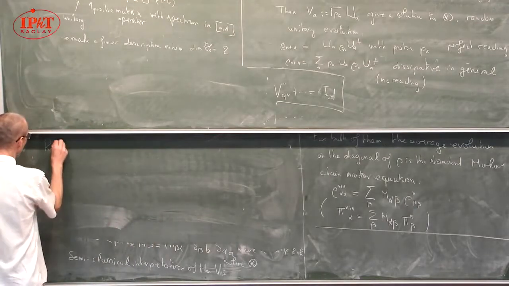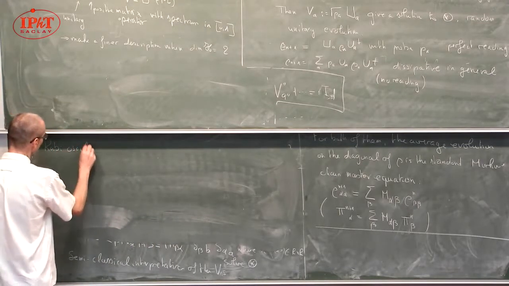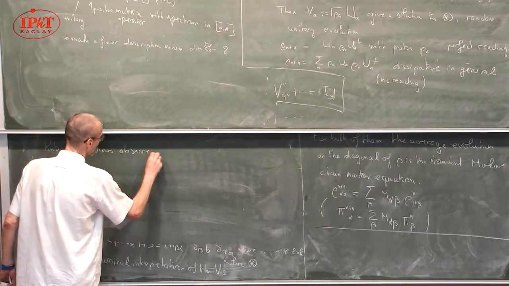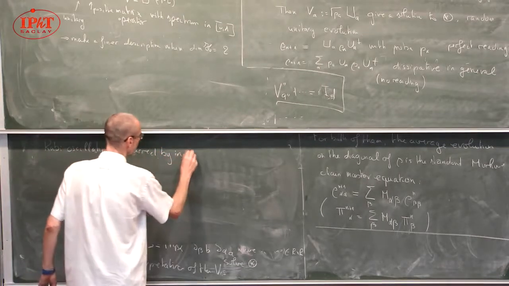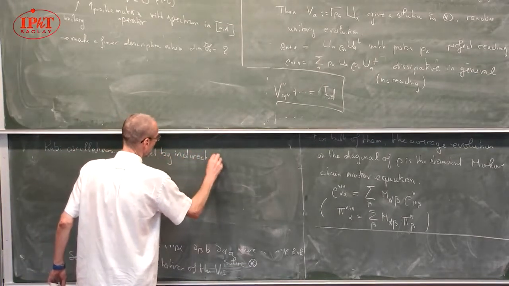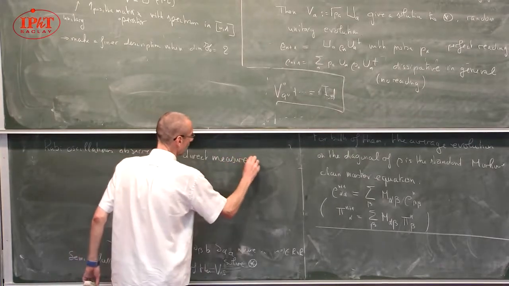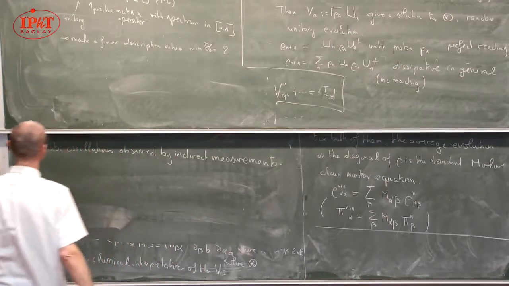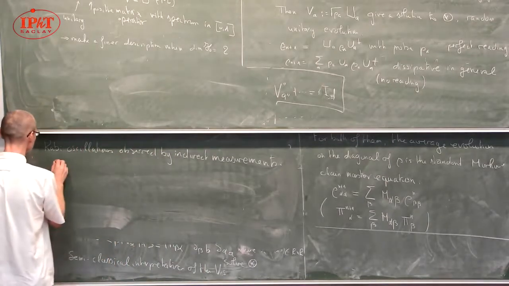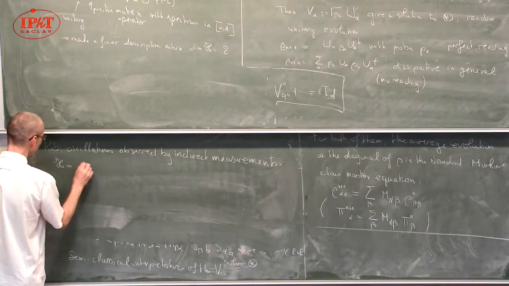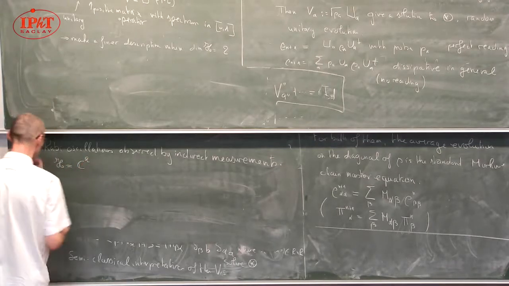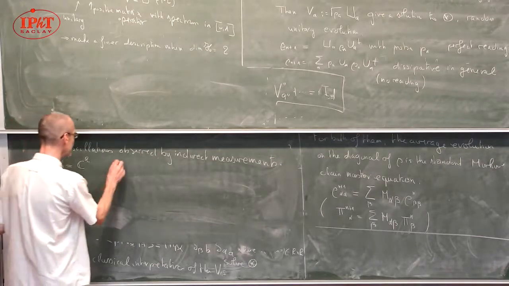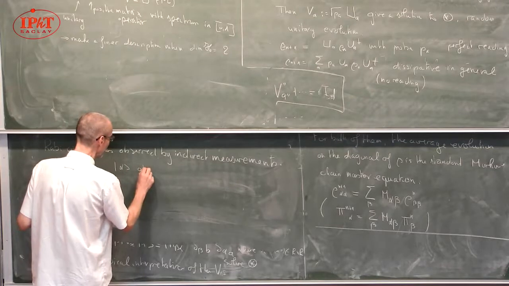Which is Rabi oscillations observed by indirect measurements. So what is it? What we do is we take simply h to be equal to C2, and we take an orthonormal basis alpha.